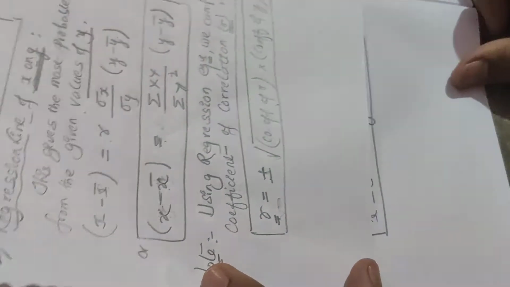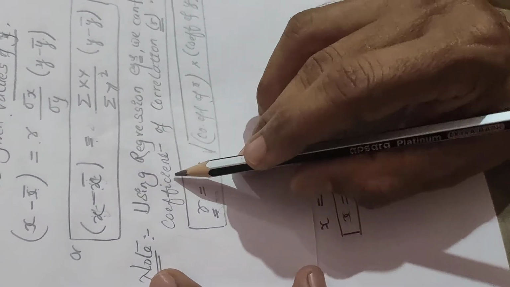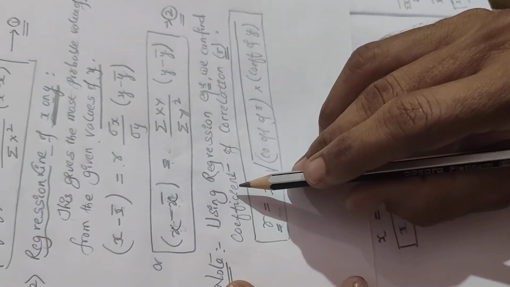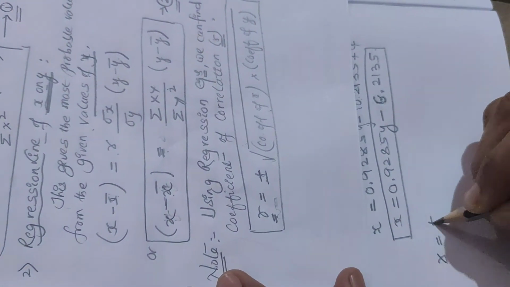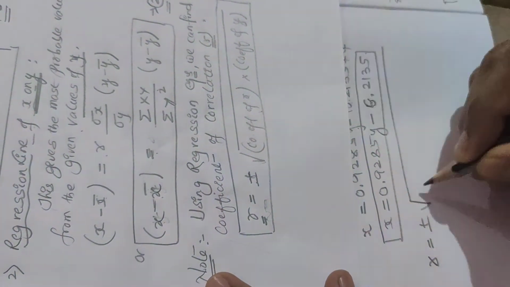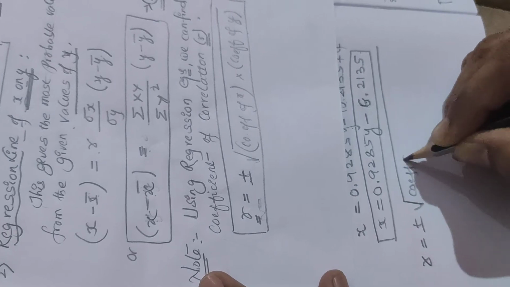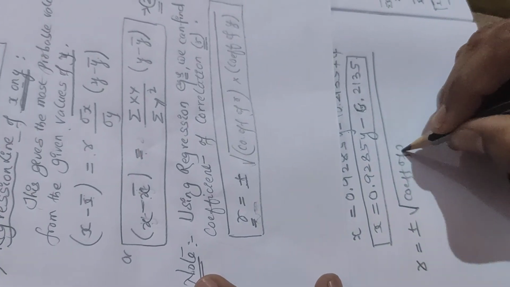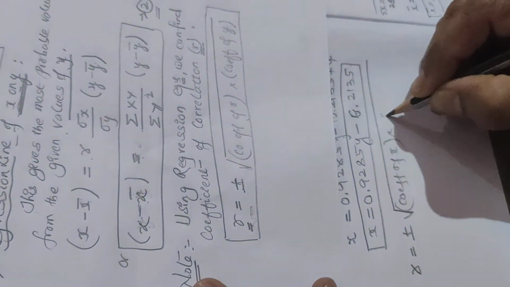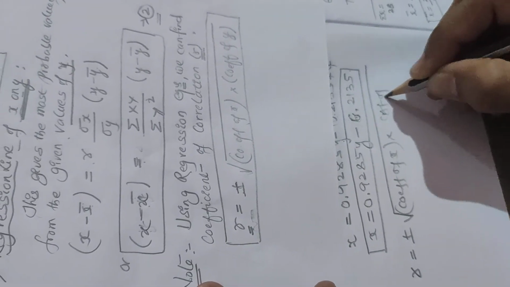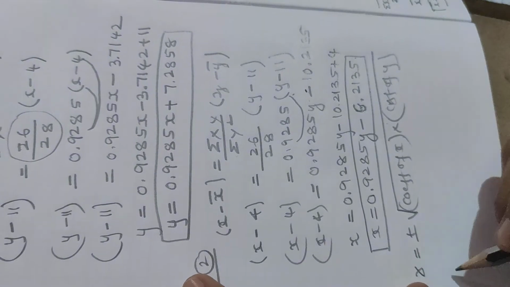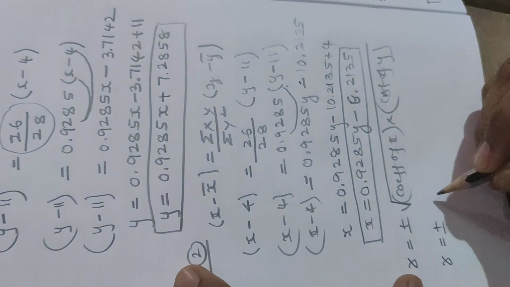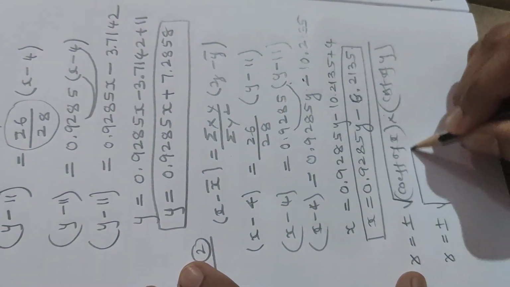Now use the formula. As I told you here in the beginning, you should find the value of r. So r is equal to plus or minus square root of coefficient of x into coefficient of y. So that will give you the coefficients of the regression lines.